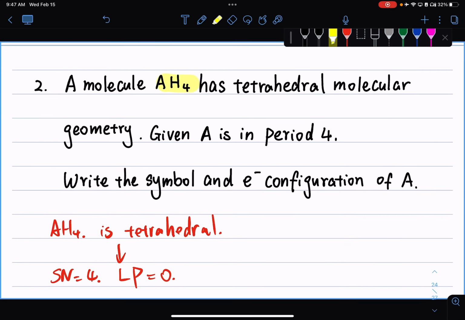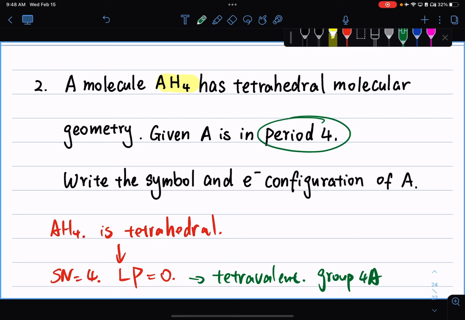So it's AH4, and you think about it, it must be a tetravalent atom. Tetravalent atoms are in the group of carbon, which is our group 4A here. And then the question also gives you that the atom is in period 4.